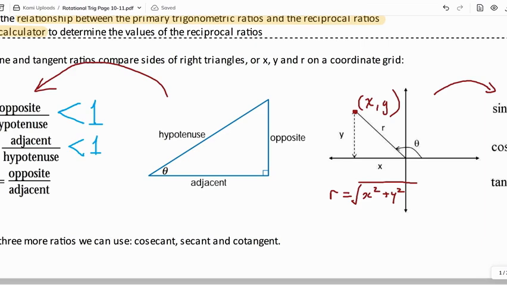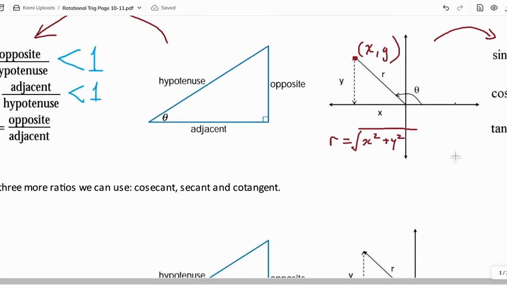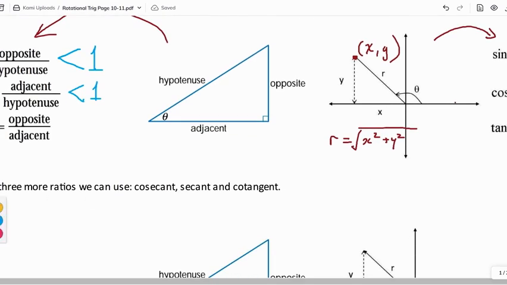So now let's remind ourselves, as I move to the reciprocal ratios, what is a reciprocal? If I have 3 over 5, what is the reciprocal of 3 over 5?